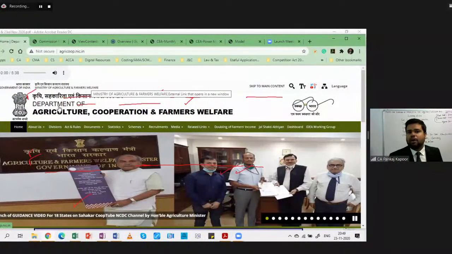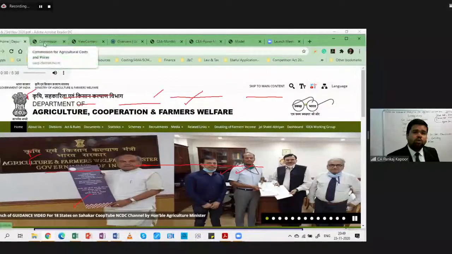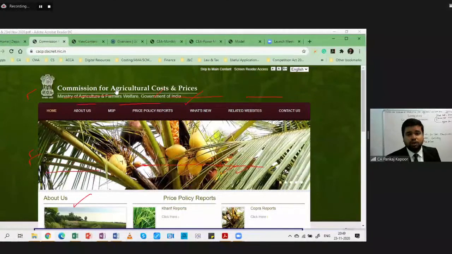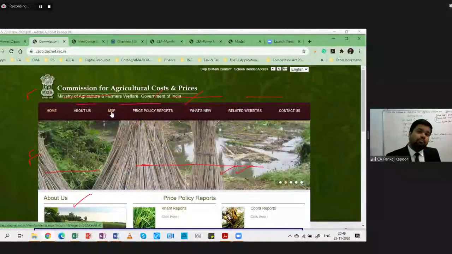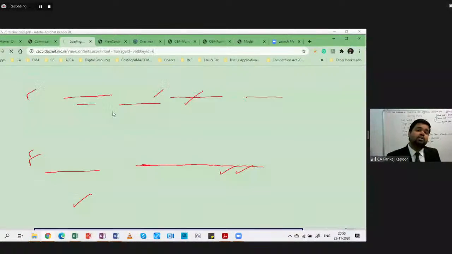Under that, there is a department, the Department of Agriculture, Cooperation and Farmers Welfare. Under this particular department, a commission was constituted. What is the name of the commission? The Commission for Agricultural Costs and Prices. This commission is responsible for recommending the MSP to the government.